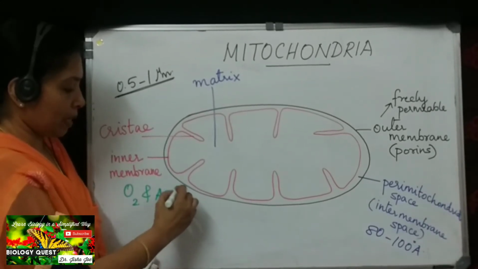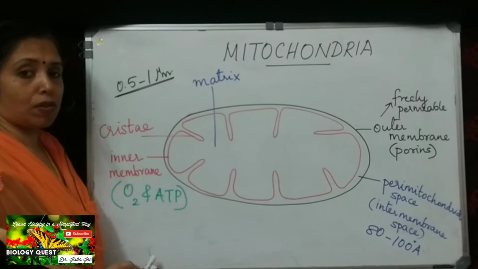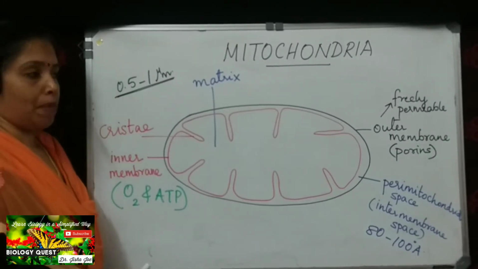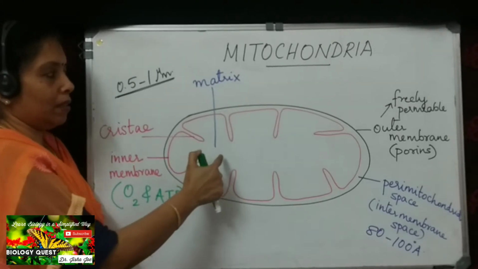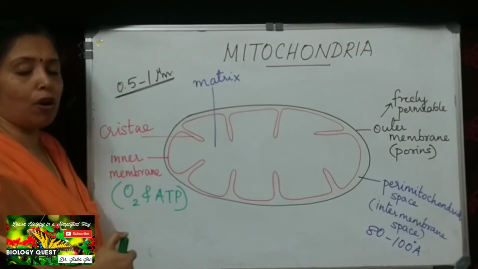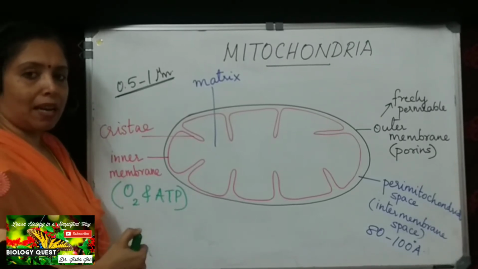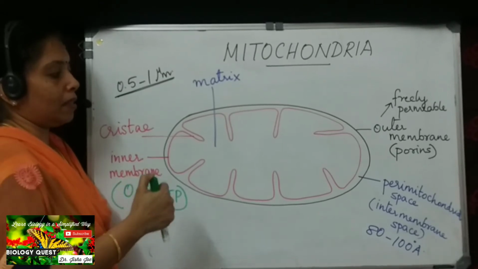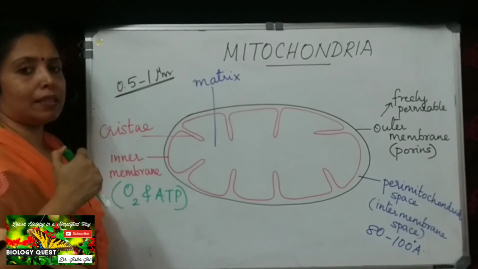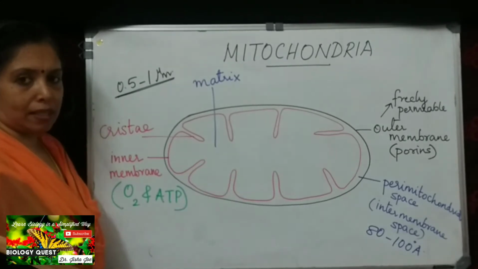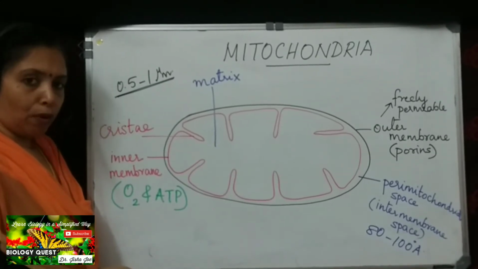And the matrix contains the enzymes for the Krebs cycle. Krebs cycle is a phase in respiration, and all the enzymes that are needed for the Krebs cycle are present in the matrix. I hope that is clear.